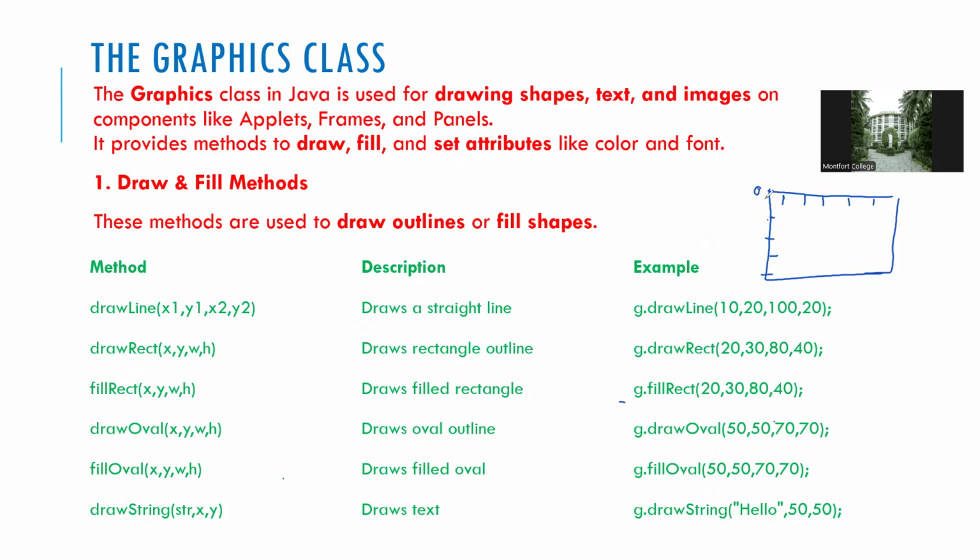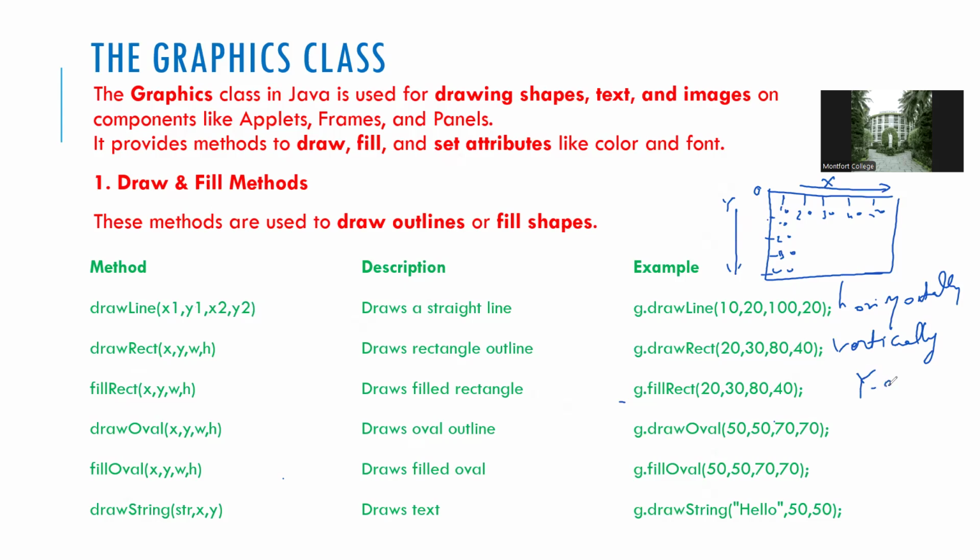This is the zero point, this is going to be the y-axis, and this is going to be the x-axis. I can take this one as 10, 20, 30, 40, 50, and this as 10, 20, 30, 40. The x-axis we can call horizontal, and vertically we can call the y-axis.